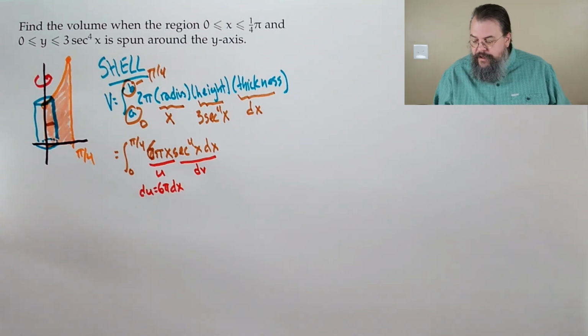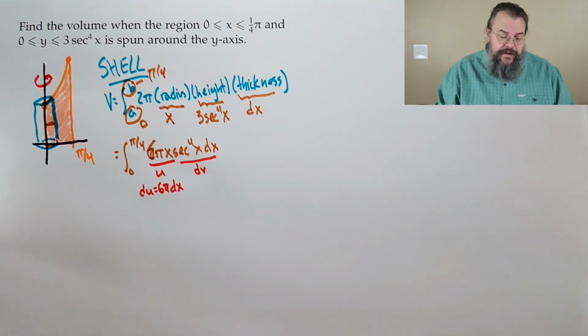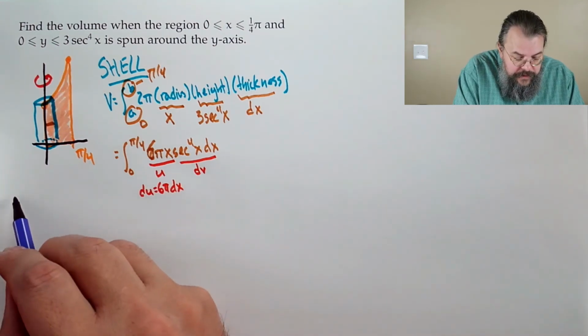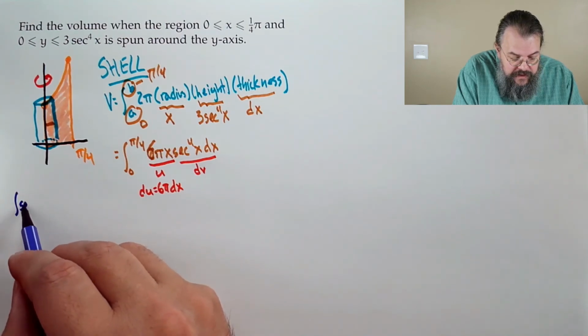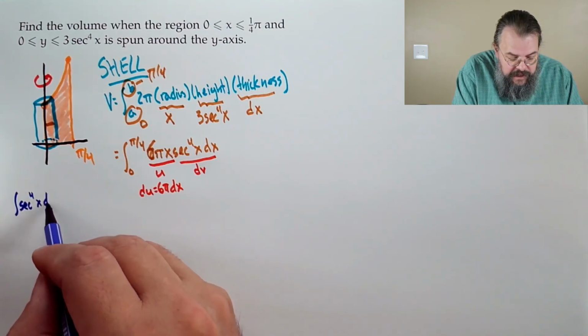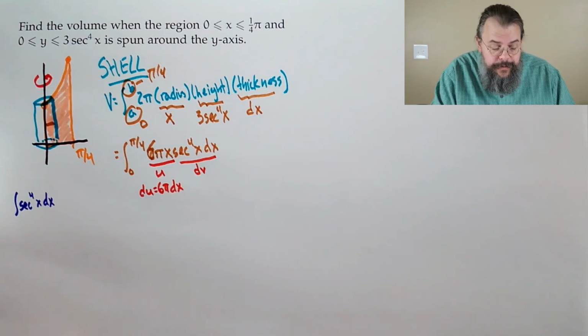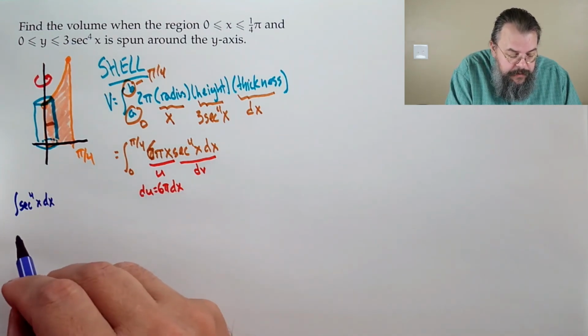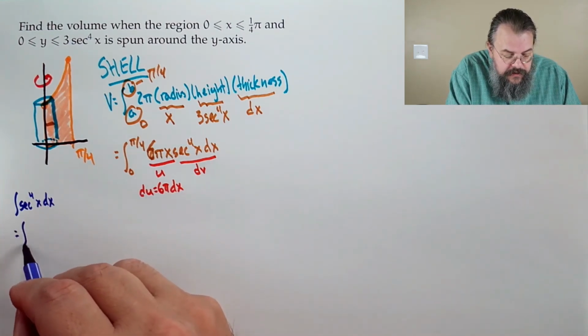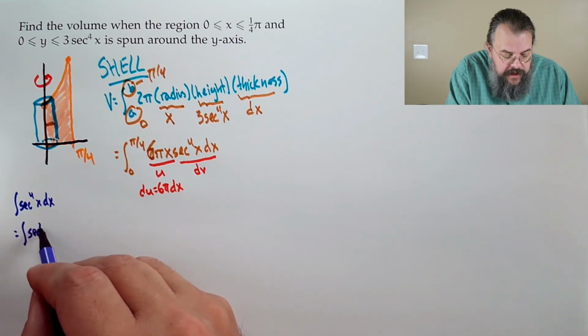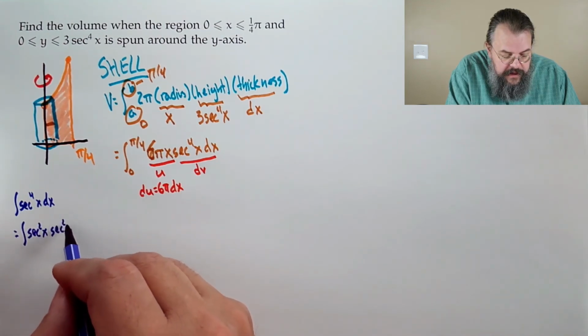Okay, let's do a little side computation, because I don't have the integral of secant to the fourth memorized, but it's not so bad. So let's do it here on the side: the integral of secant to the fourth x dx. The way we do that is, this is really secant squared times secant squared.